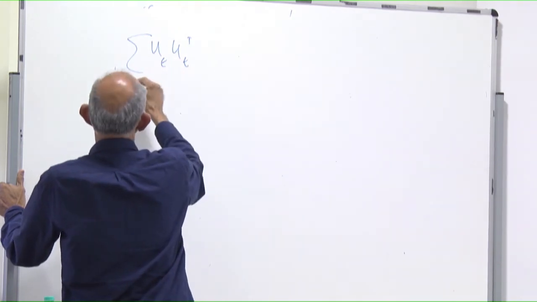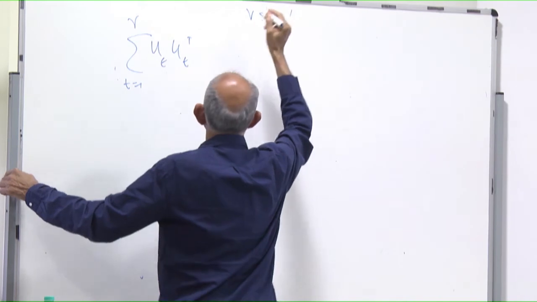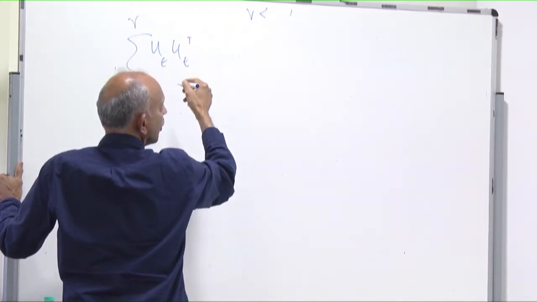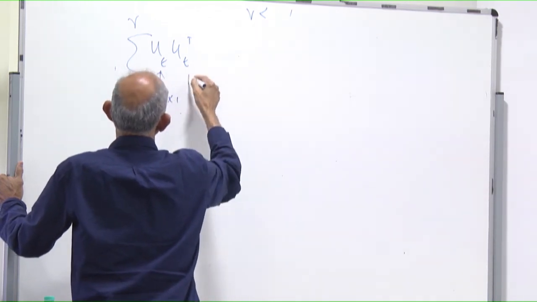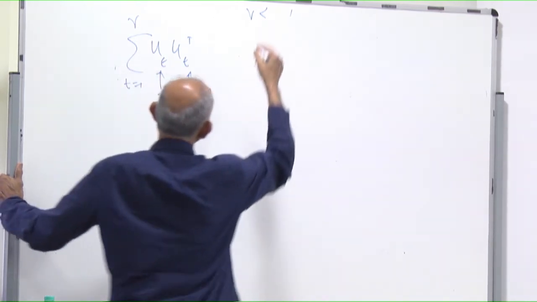So now we have U_t U_t transpose. These are orthonormal, but not a full set. R is less than n. The matrix U_t, by the way, was on that side, so it's n by r, and the other matrix is r by n.